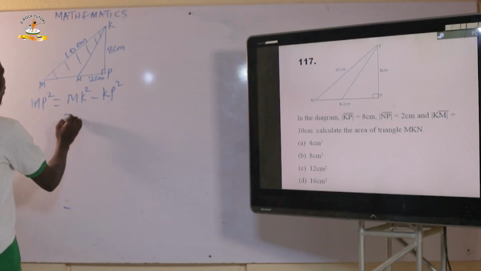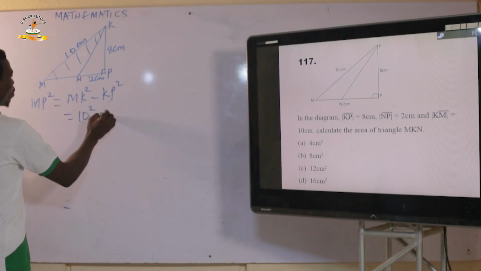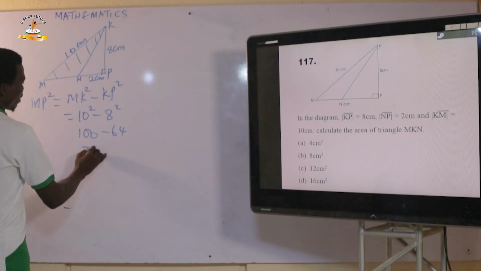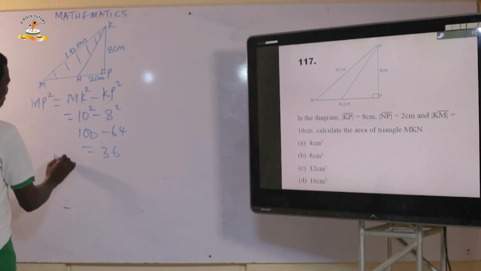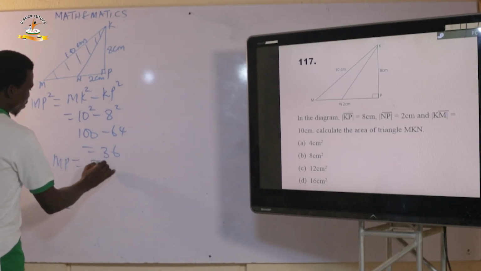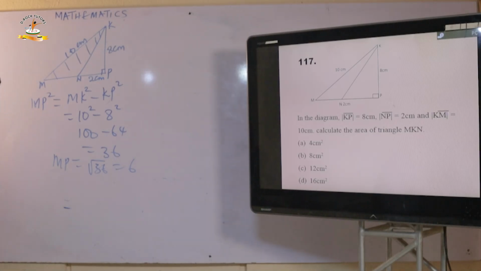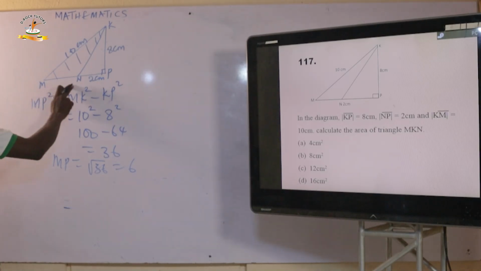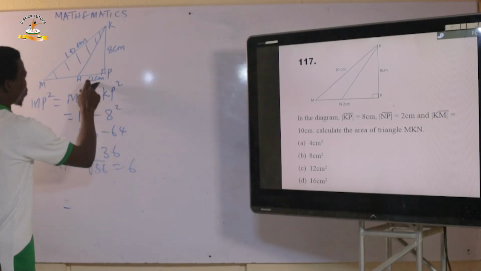So here it is going to be 10 squared minus 8 squared. This is 100 minus 64, and this is 36. So my MP is square root of 36, which is simply 6 centimeter.